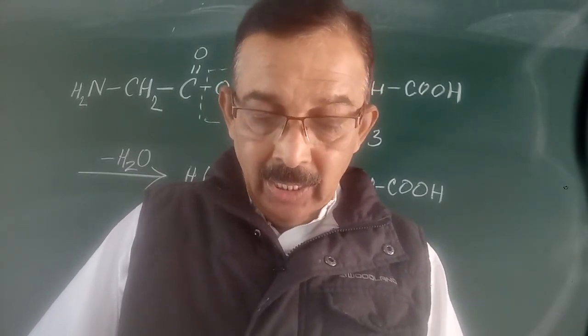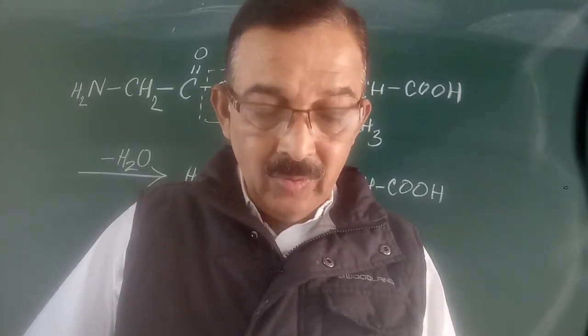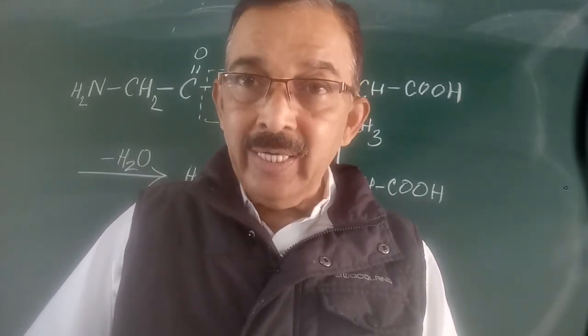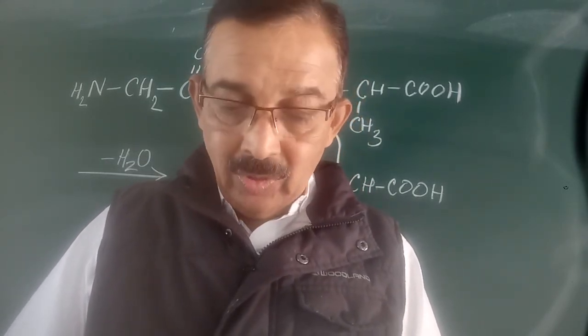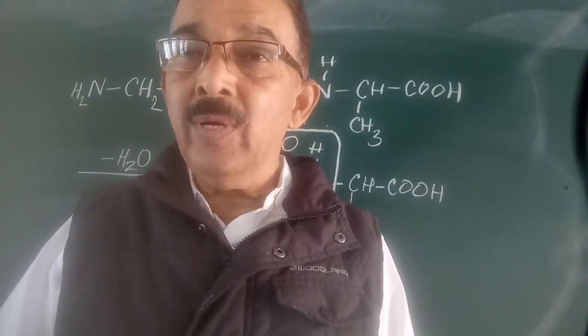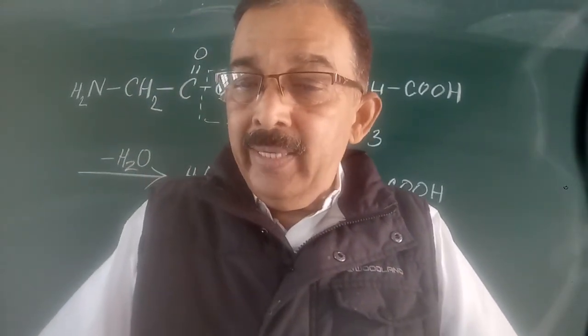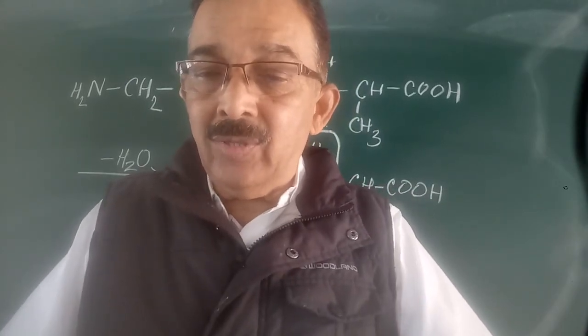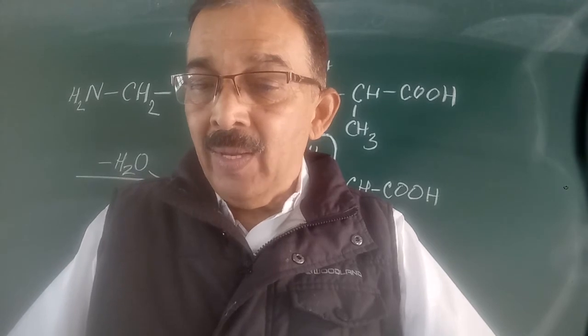Due to this, globules unfold and helix gets uncoiled and the protein loses its biological activity, and this is called denaturation of protein. During denaturation, 2 degree and 3 degree structures are destroyed, but 1 degree structure remains intact.